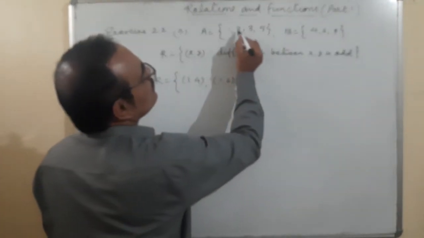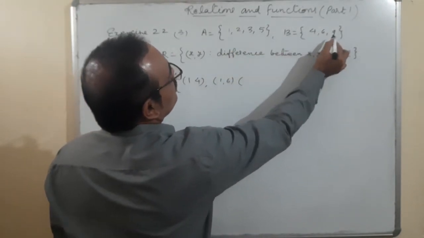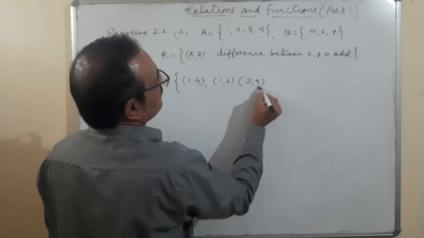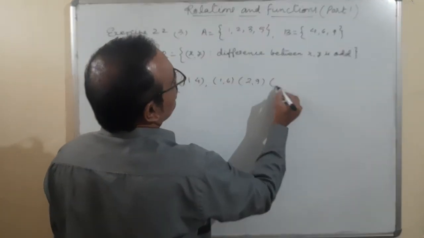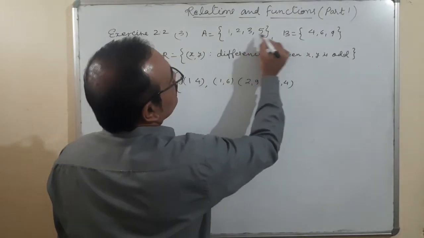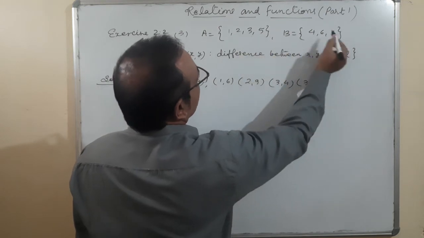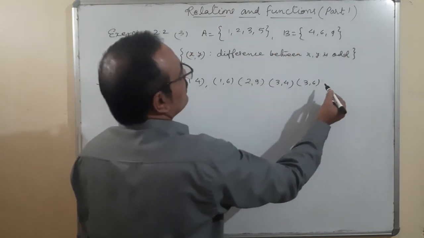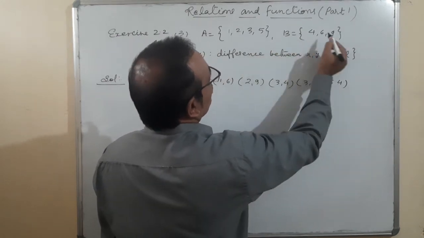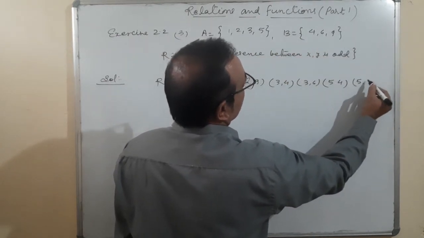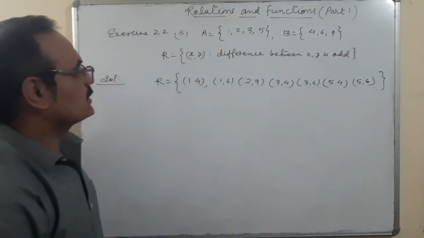Now let us see 2. 2, 4; 2, 6; 2, 9. 9 minus 2, 7, 7 is an odd. 3, 4; 3, 6; and 3, 9, it's not an odd. 5, 4; 5, 6; and 5, 9 is not an odd.